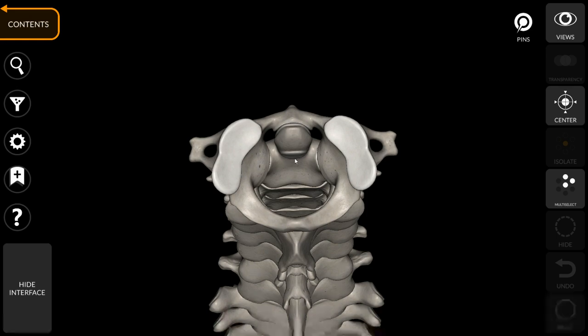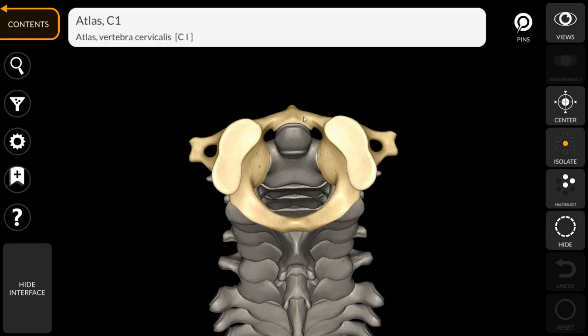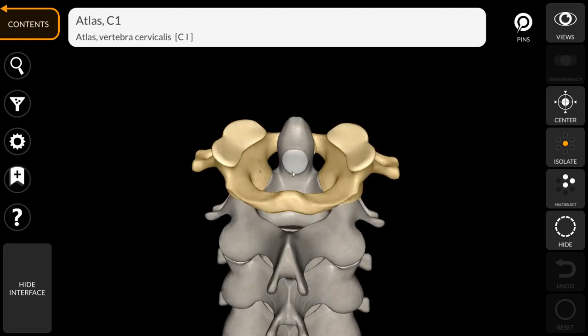I think C2 is very easy to understand. Please remember C2 is similar to the rest of the typical cervical vertebrae, but the only difference is that C2 has a finger-like projection known as a dens, and this dens articulates with the anterior arch of C1 to form the atlanto-axial joint.